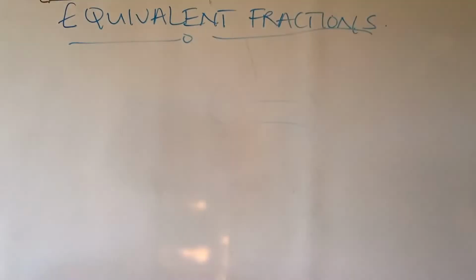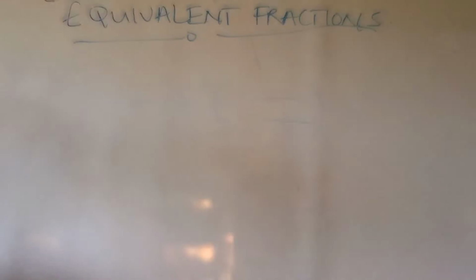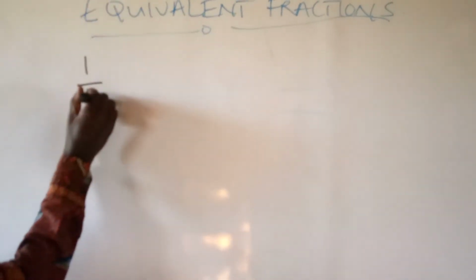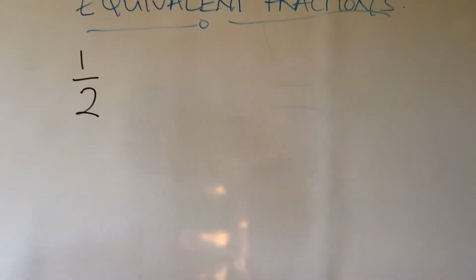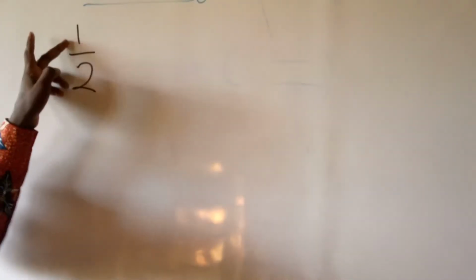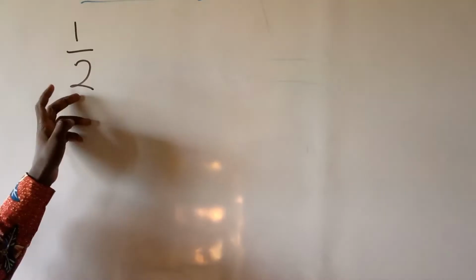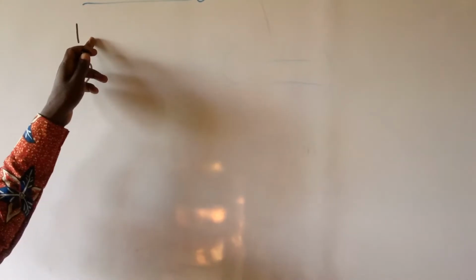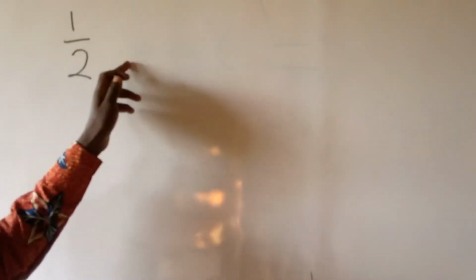Let me use this fraction to illustrate equivalent fractions. For instance, if I give you 1 over 2, this 1 is the numerator and this 2 is the denominator. What I was saying is that you will multiply this numerator by a number and this 2 by the same number.